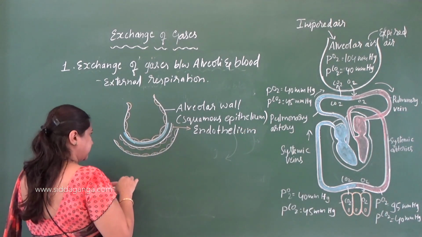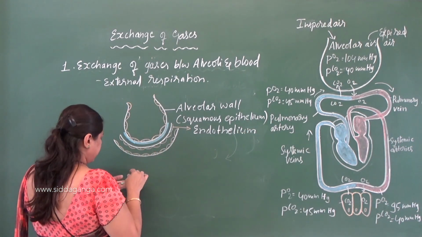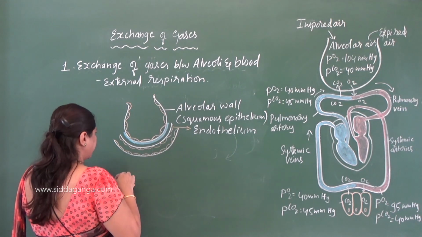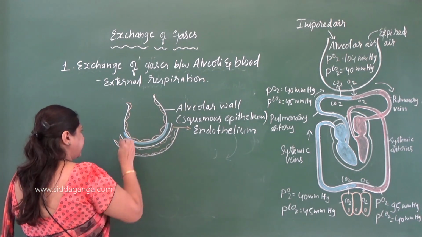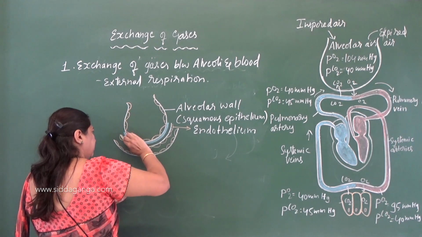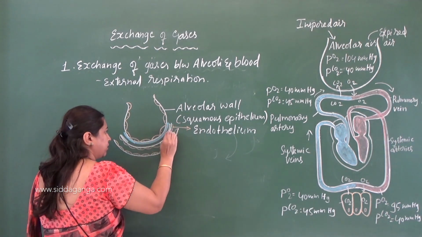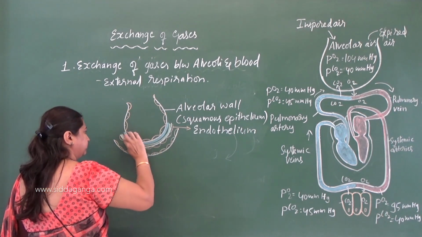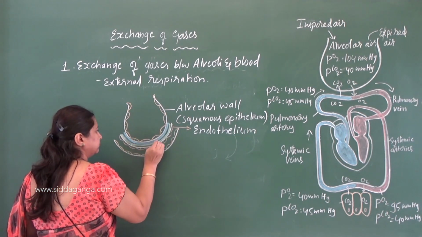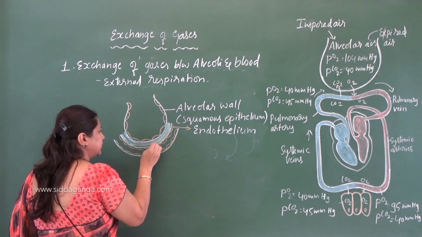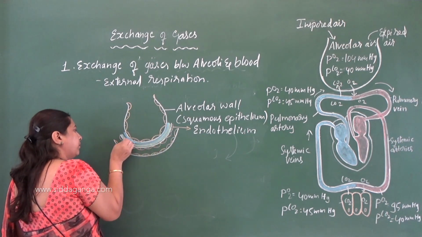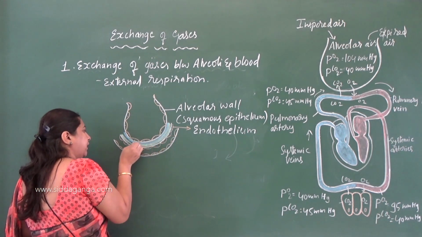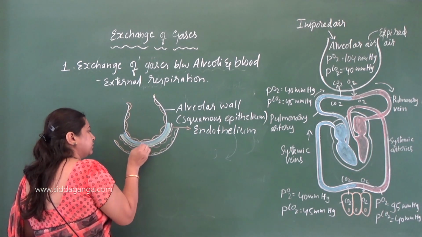Okay, so the cells of endothelium also rest on the basement membrane. This is the basement membrane of the blood capillary that surrounds the endothelial cells.